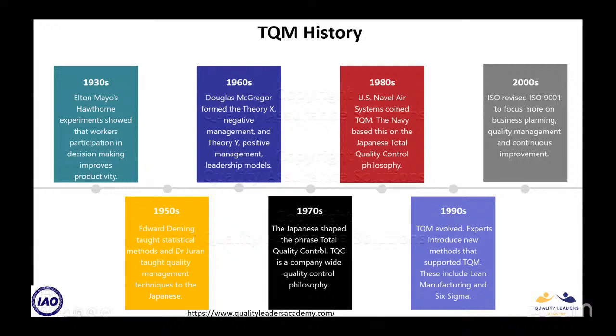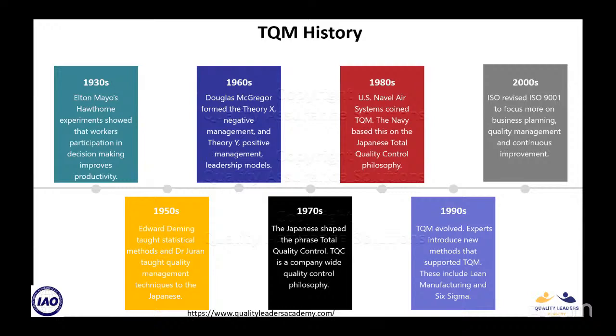Now, coming to the 1980s, here the term TQM became widely recognized because the US Naval Air Systems Command coined the phrase total quality management. The US Navy looked at what the Japanese had done and said, we need a similar management approach. They branded it TQM and spread the concept.